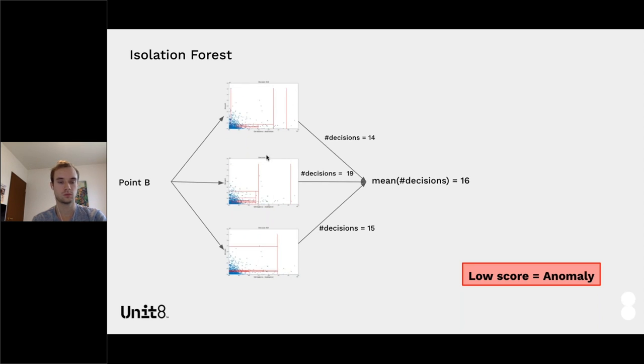If we take point B, here again we have 3 different examples: 14, 19, and 15. The average at the end is 16, and you can repeat that hundreds of times, and here the score is 16, meaning that point B is maybe not an anomaly like point A. And point B will be much more usual in the distribution.